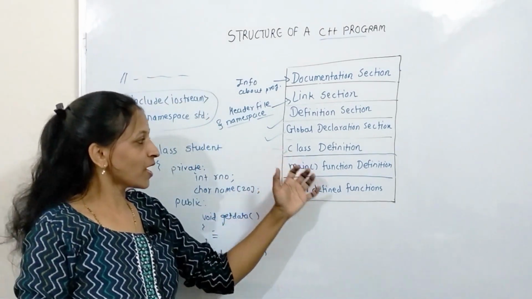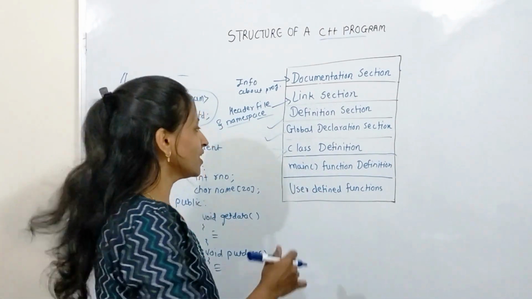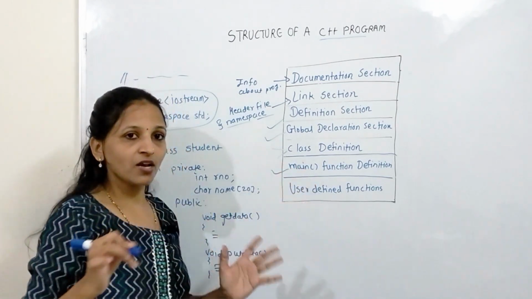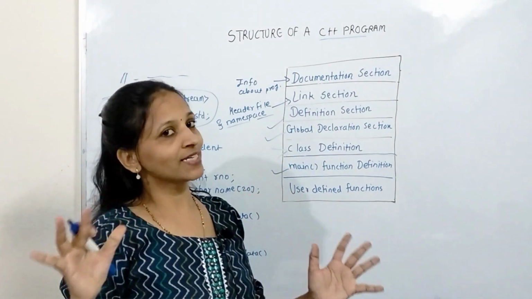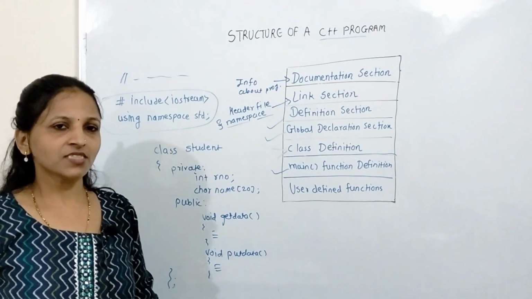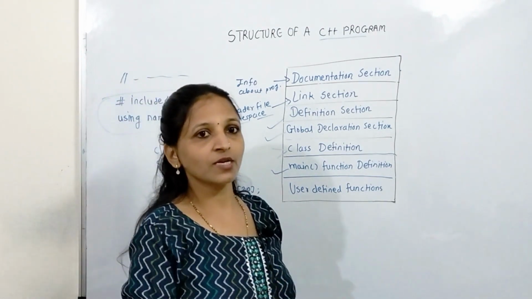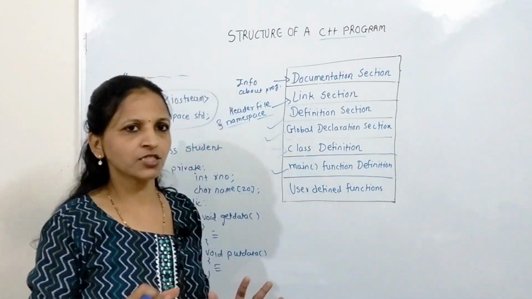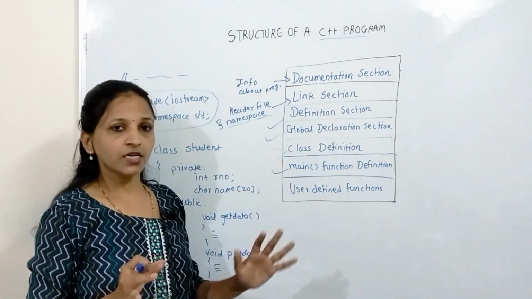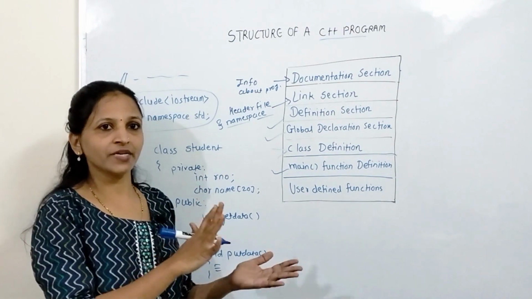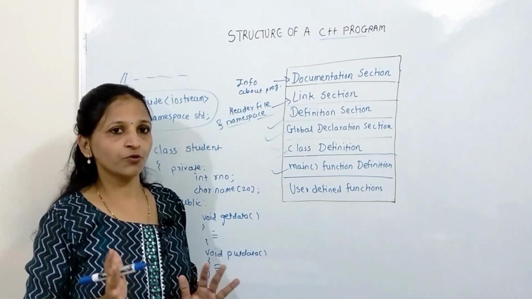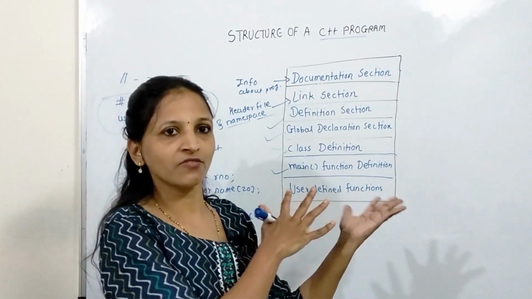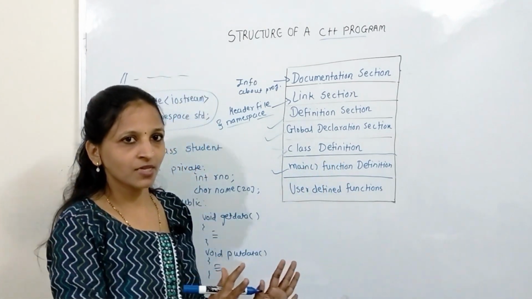Your program should have the main function definition, because execution always starts with main and ends at main. Whenever you want to execute the program, the operating system will call main, and whatever execution is to be done will be done. Whatever value you want to return from the main function will be returned to the operating system. Getting?